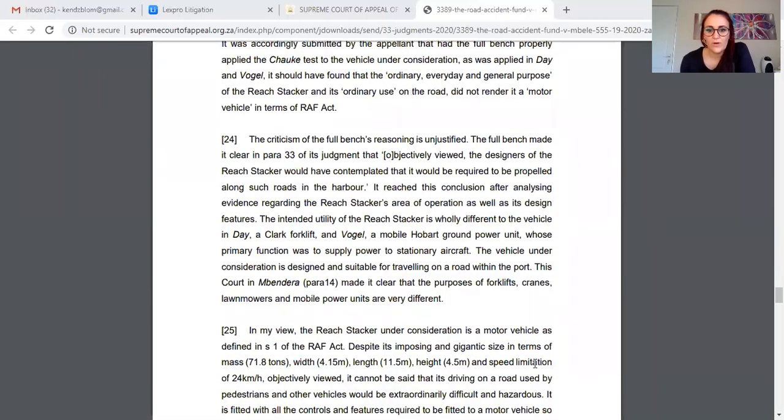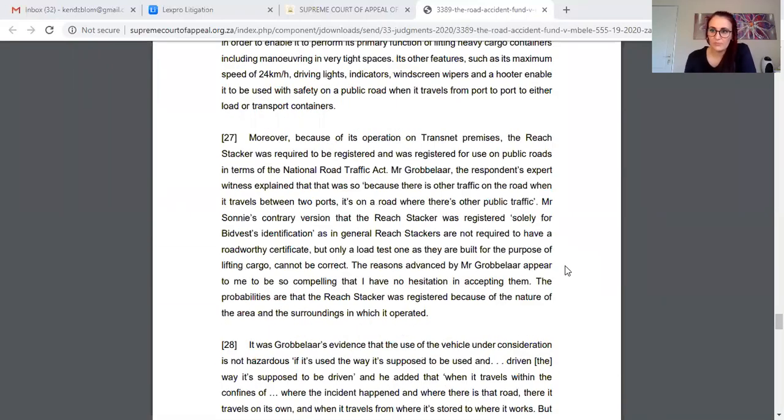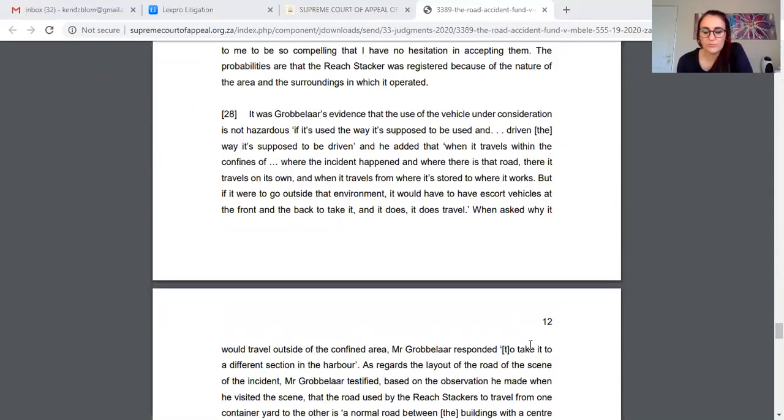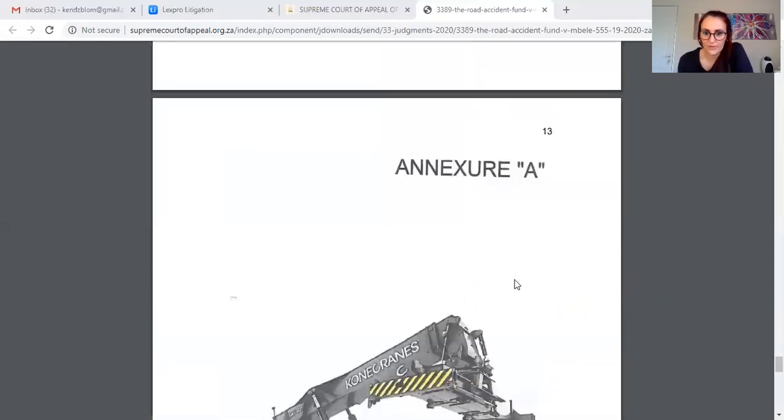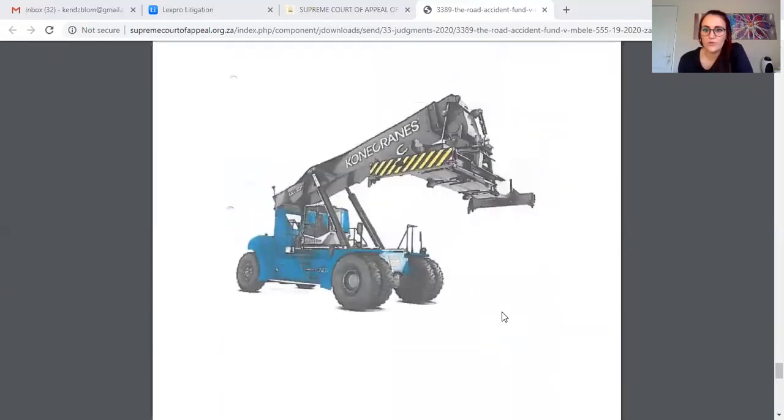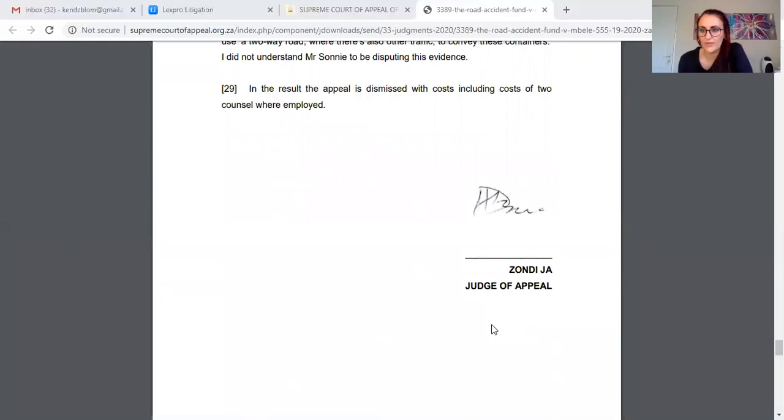Now, when we have a look at a judgment like this, it can be very overwhelming. So in order for students to be able to summarize a case, to get the gist of a case without having to know the ins and outs of a 14-page judgment, we use the FIRAC method.